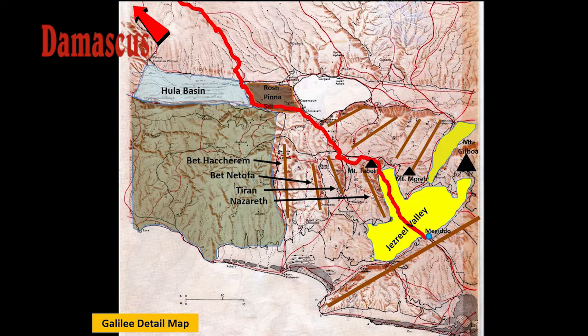That's a little tricky to do because there are deep valleys that come off the Jordanian heights. Another way is to get to the north side of the Sea of Galilee, but instead of heading up to the Golan Heights at Rosh Pinna Sill, travel further up the Hula Basin to Caesarea Philippi, and from there find a way to the Golan Heights and head off to Damascus.